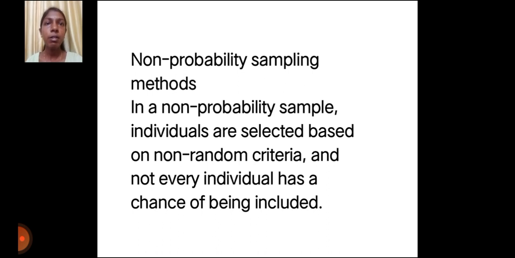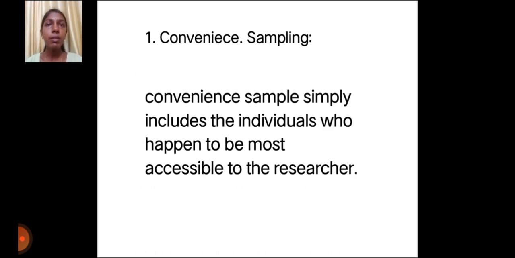Now we can discuss non-probability sampling methods. In non-probability sampling, individuals are selected based on non-random criteria, and not every individual has a chance of being included. The first non-probability sampling is convenience sampling. A convenience sample simply includes the individuals who happen to be most accessible to the researcher.